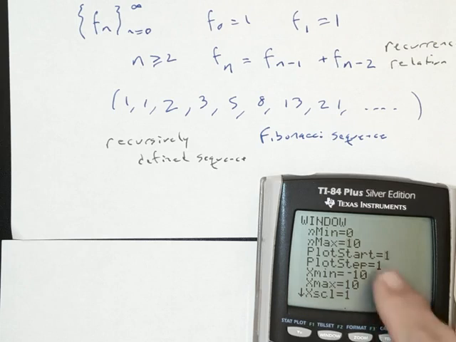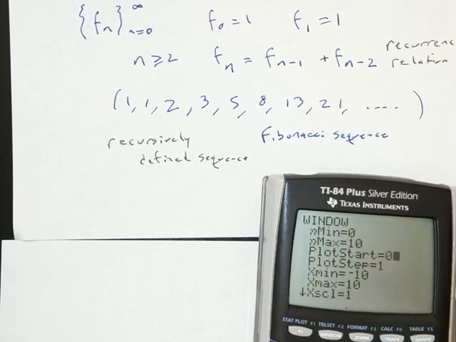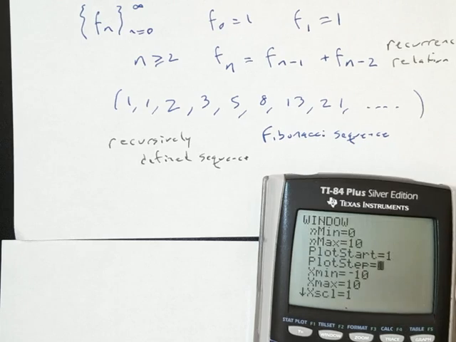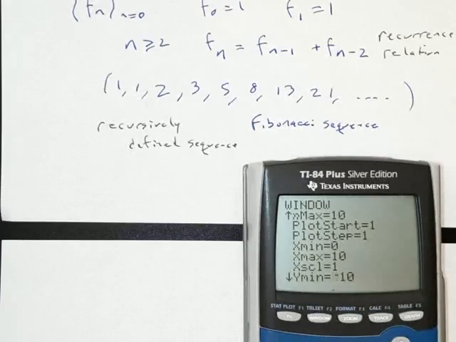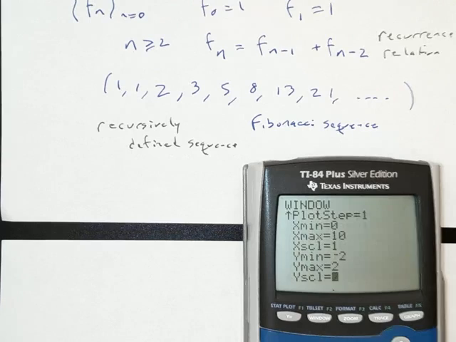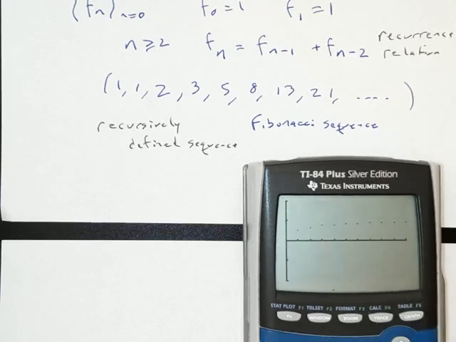And then I can go through, and it tells me how it's going to step through, stepping through by ones. I don't need the negative numbers then. And I know that these y values are pretty small. Look, there are my dots.